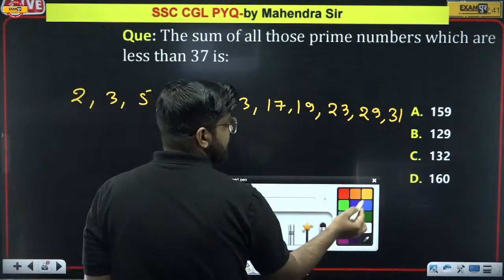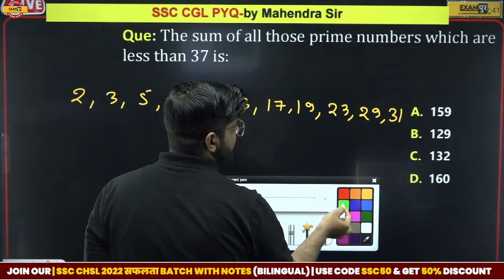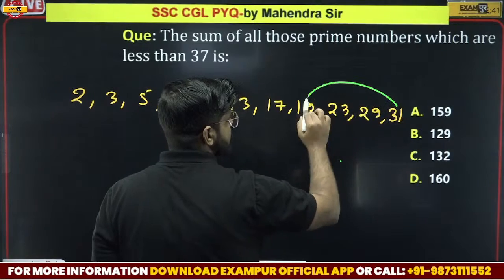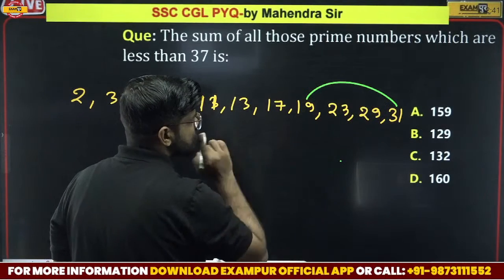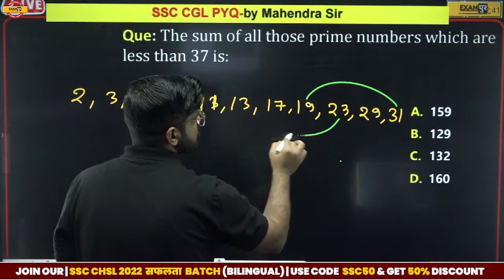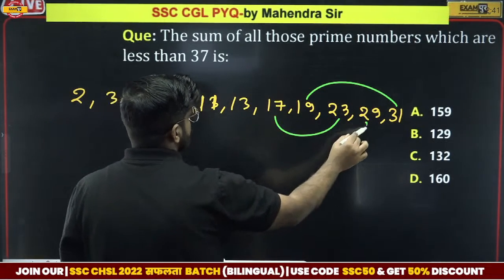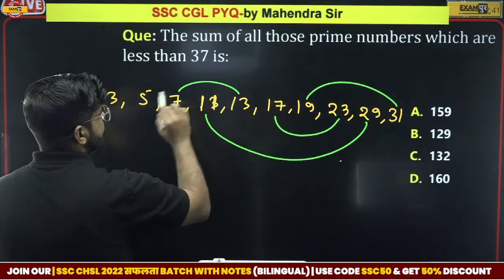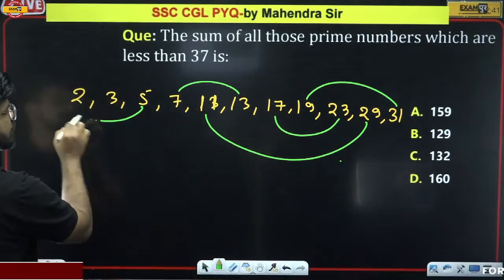Now we have to calculate the sum, so make pairs. This will give you 50, this will give you 50, this will give you 40, this will give you 40, this will give you 20, and this will give you 10.